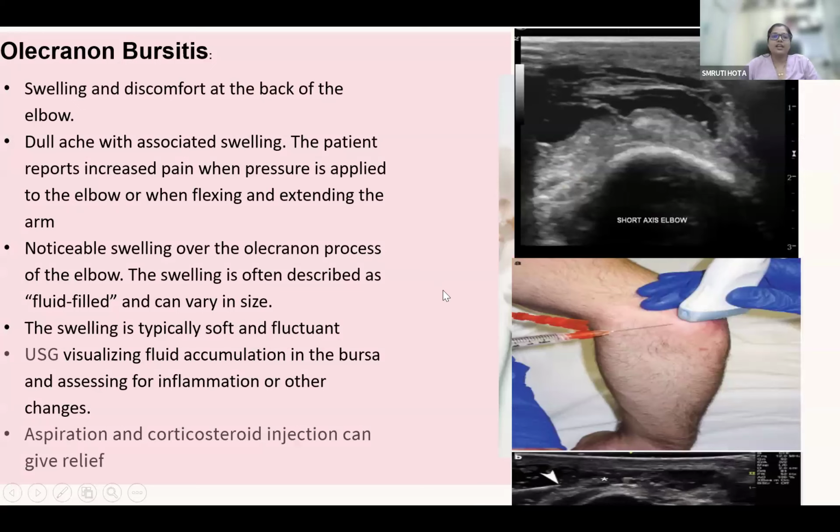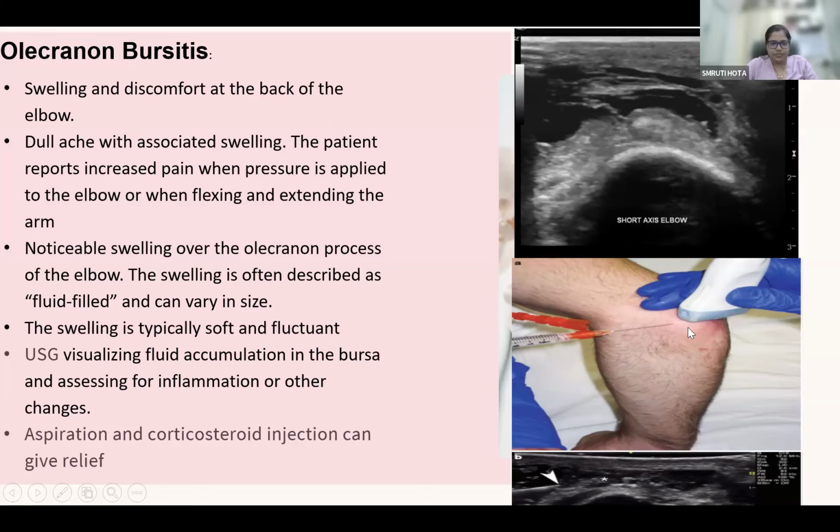Then come to olecranon bursitis. Olecranon bursitis is very easy to diagnose. You can see the posterior elbow, it is very clearly seen there is swelling and redness over the posterior elbow and the olecranon area, with swelling and discomfort. There is a dull aching pain, and the patient will report increased pain when you put pressure.